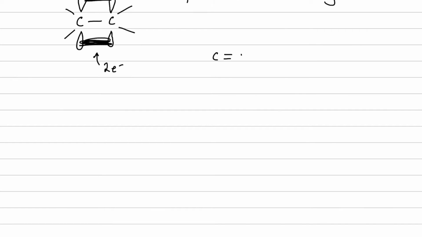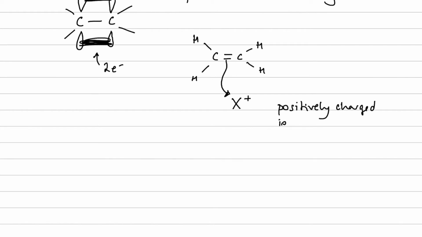A good way to think about it is that the electrons in the pi bond can be redeployed. And if I bring an electrophile into close proximity with my double bond, the pi electrons are able to come out and attack that electrophile and ultimately form a bond with it. Now, what is an electrophile? Well, as we can see here, it is a positively charged ion, or it might be a neutral molecule.